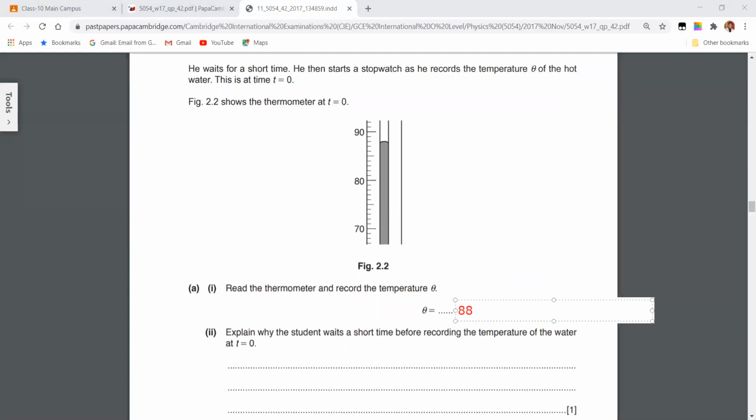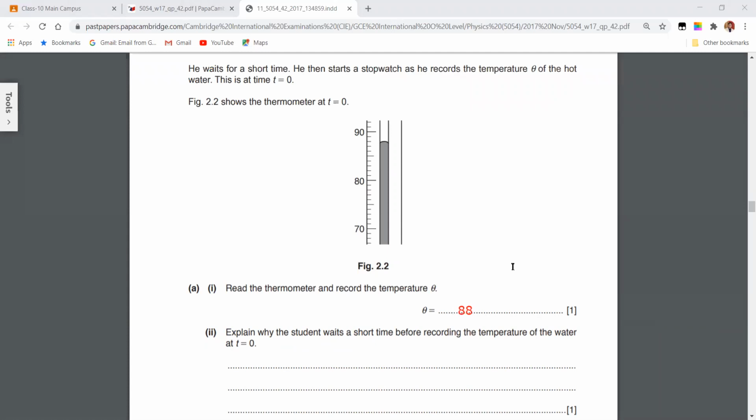And here it is mercury, right? Or water? Water. So we are taking the upper meniscus here. We are taking the temperature of water, but the liquid inside the thermometer, is it water or mercury?